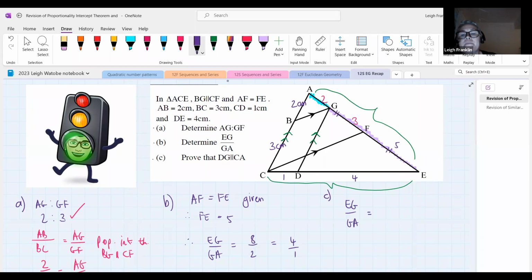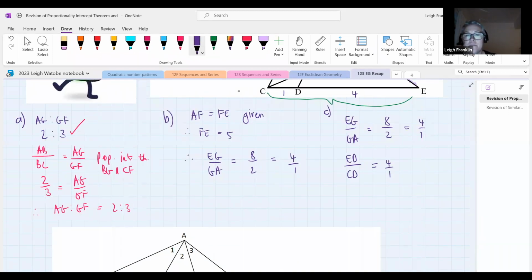It's equals to 8 over 2 because I added the 5 and the 3. And then I said underneath ED over CE is equals to 4 over 1. So automatically EG over GA is equals to 4 over 1 also. Yeah, that's how I did it.